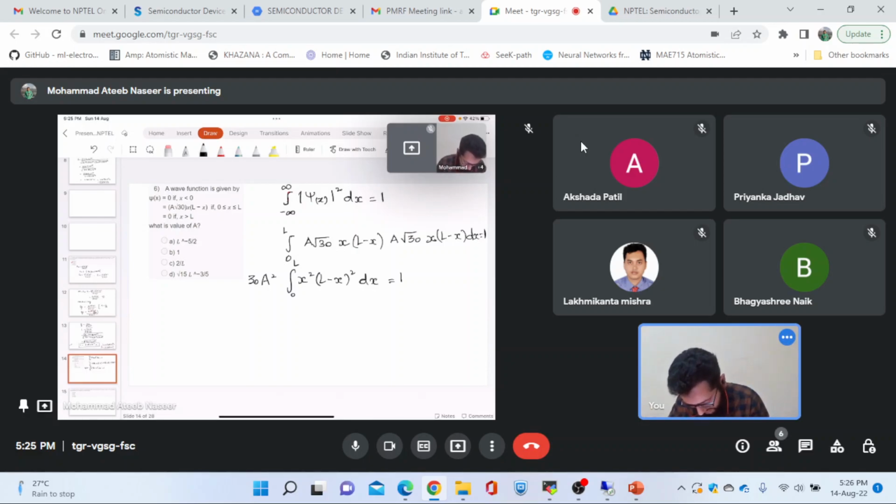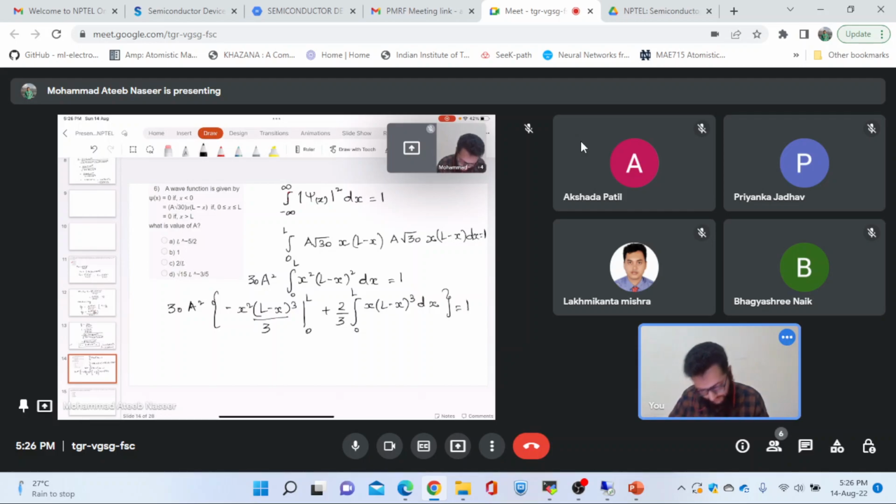It will become 30 times A squared, the integral from 0 to L of x squared, minus x squared times (L minus x) cubed by 3 with its limits between 0 to L, plus, differentiating x squared gives 2x, and taking the constant out, 2 by 3, the integral from 0 to L of x times (L minus x) cubed dx.